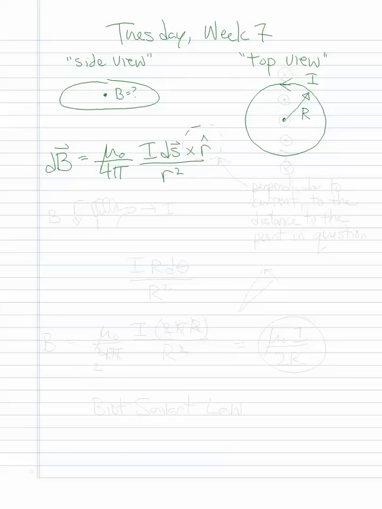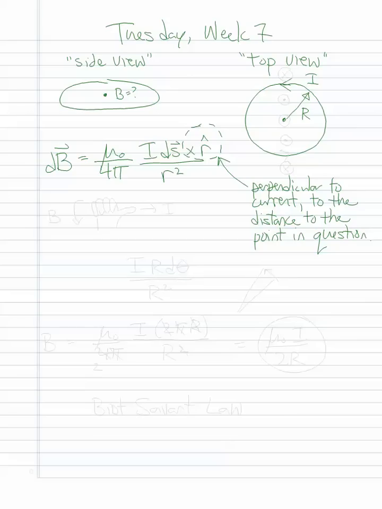And we said that this part, this cross r hat, just means that it is perpendicular to the current and perpendicular to the distance to the point in question. So that's all it really does.